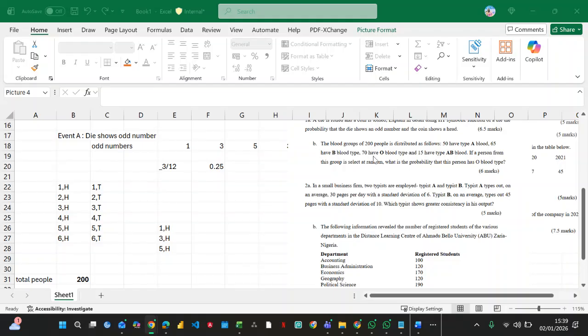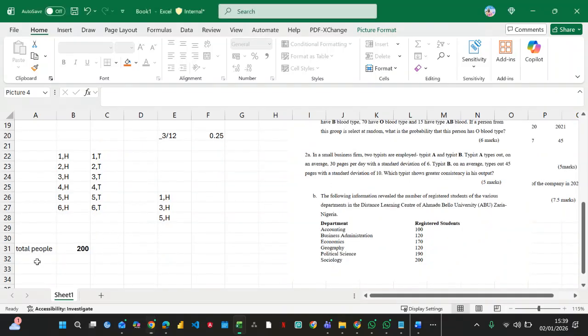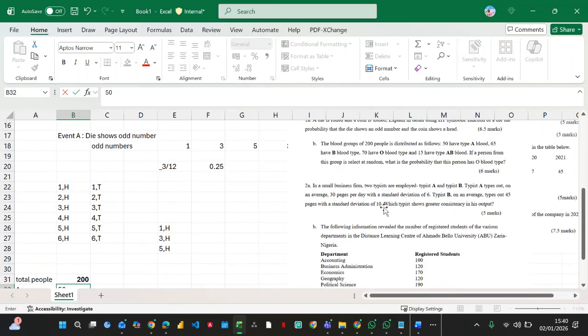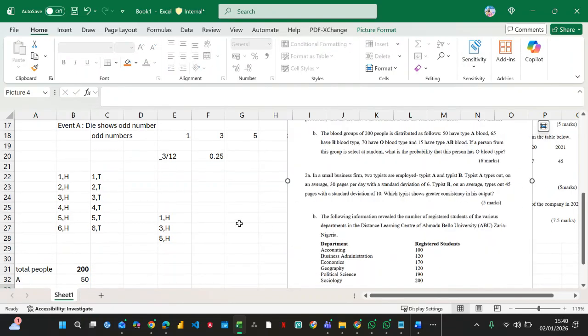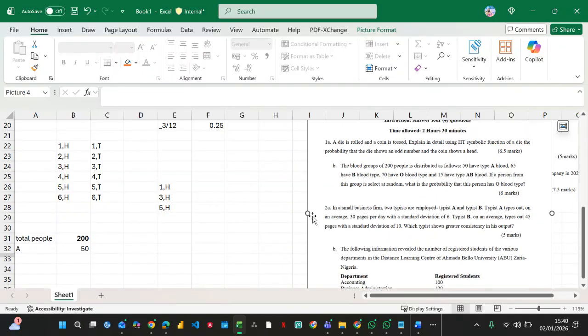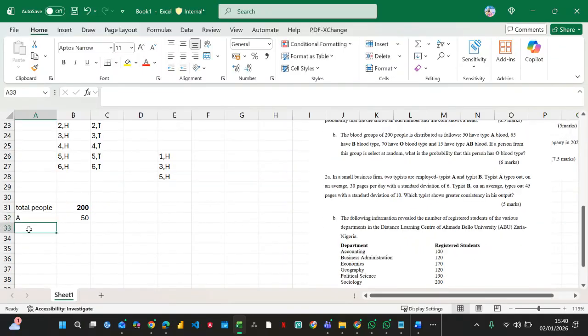So 50 have A, and then 65 have B, so let's say A is 50.